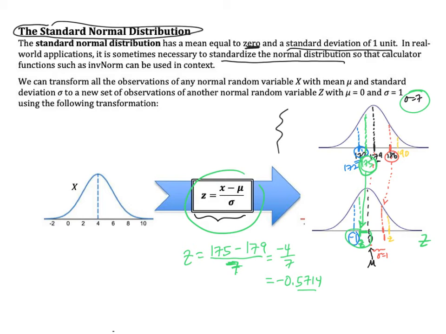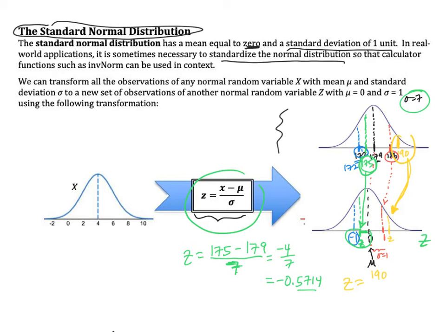So here, if we did the same thing with this 190, if we're trying to find a z-score associated with 190, well, again, our z-score is equal to the value we're trying to attribute to a z-score, to find how many standard deviations away it is from the mean.